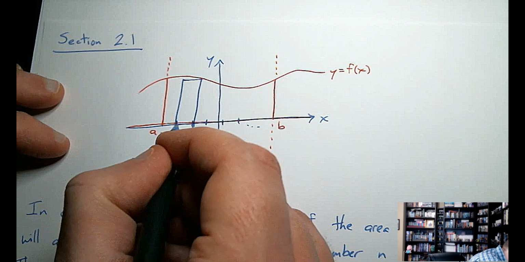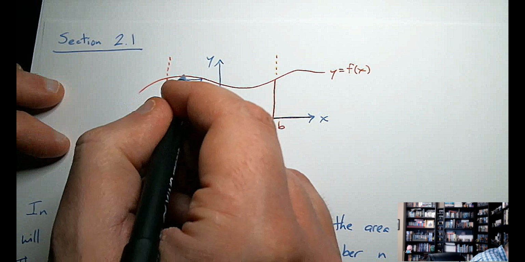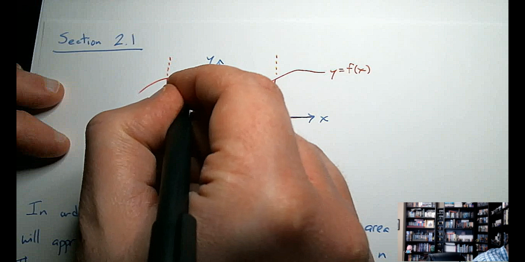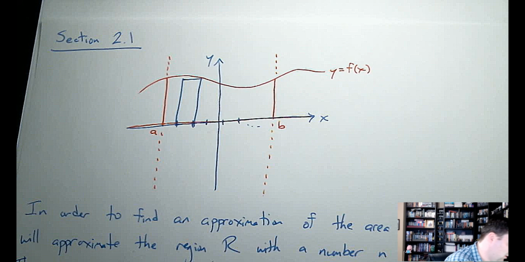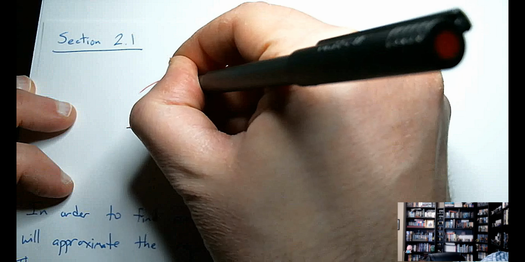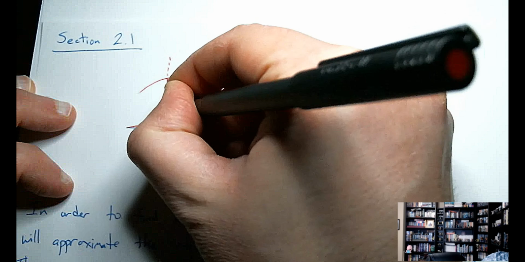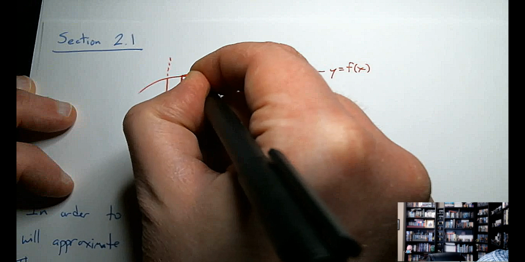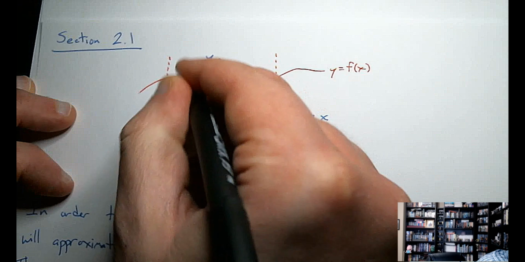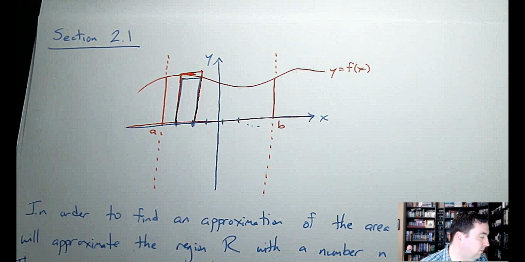So instead we could say, well, why don't we draw so that we touch the highest point, so that we come all the way up to here, and make that red rectangle.